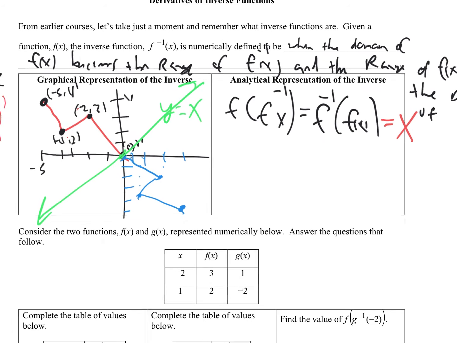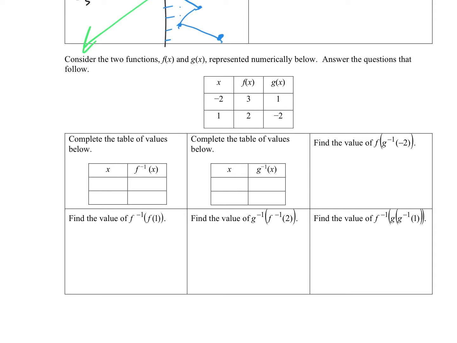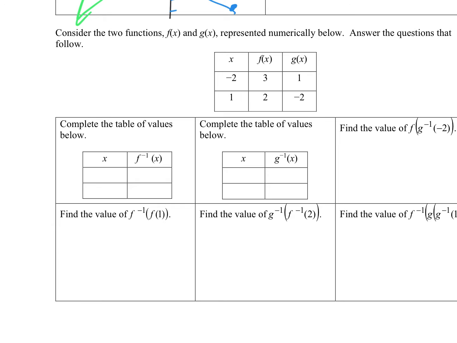Okay? And then you guys had all the right answers on these. Let's see if we can repeat that success. Twice is a charm, because not everybody caught on to the five people that were giving me all the answers. So give me the table for f inverse by using this big table. 3, -2. And 2, 1.